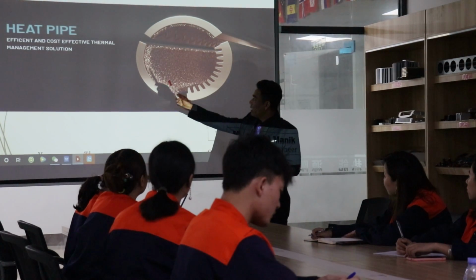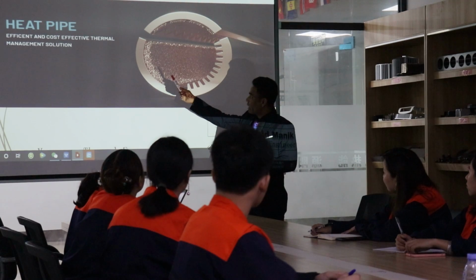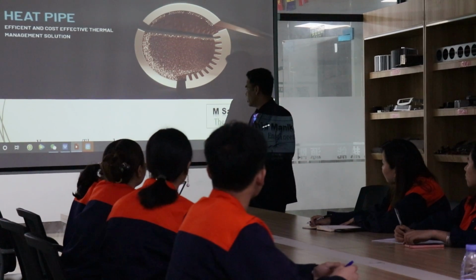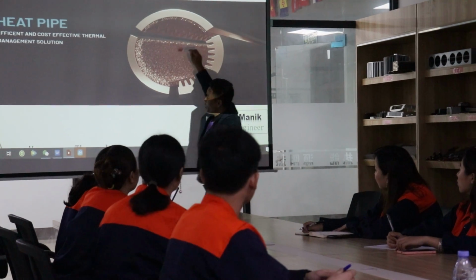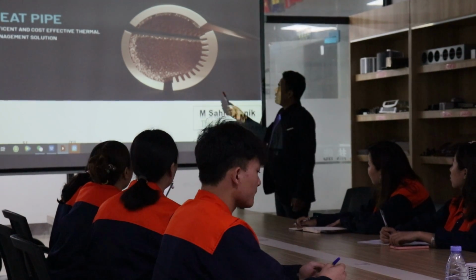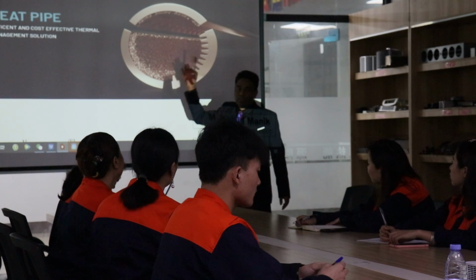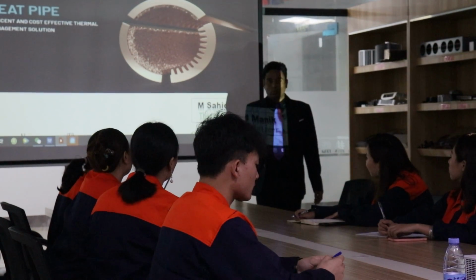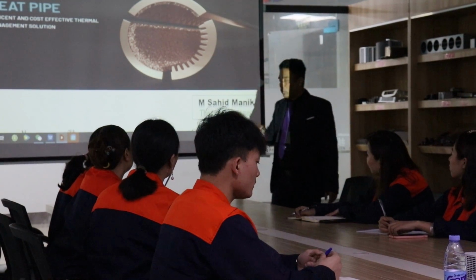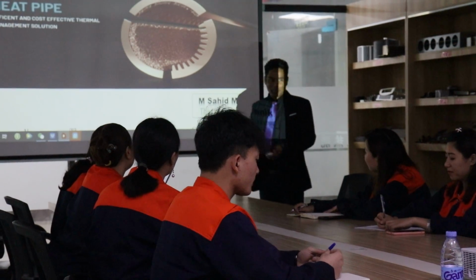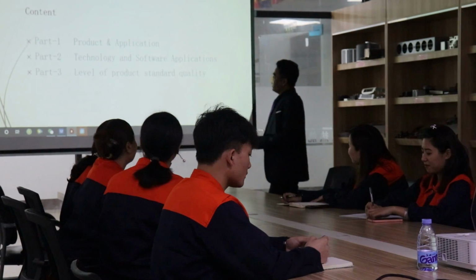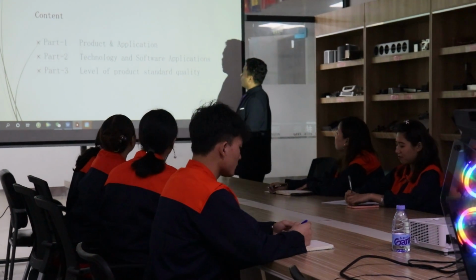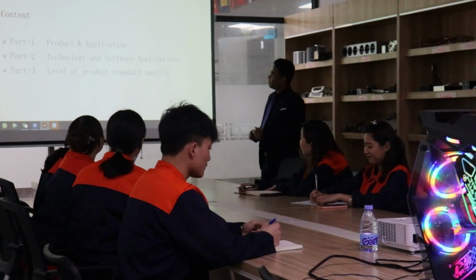Heat pipe is an efficient and cost-effective thermal management solution. So now we are going to work on heat pipe. Heat pipe, inner and outer, has a lot of work and technology. We will explain now. Next. Part of heat pipe product analysis.